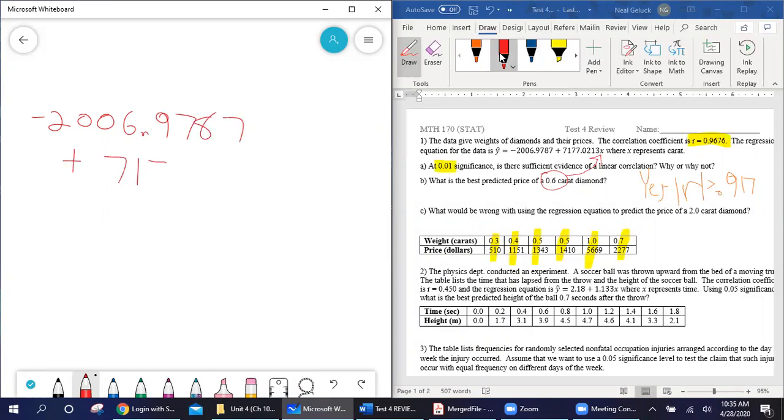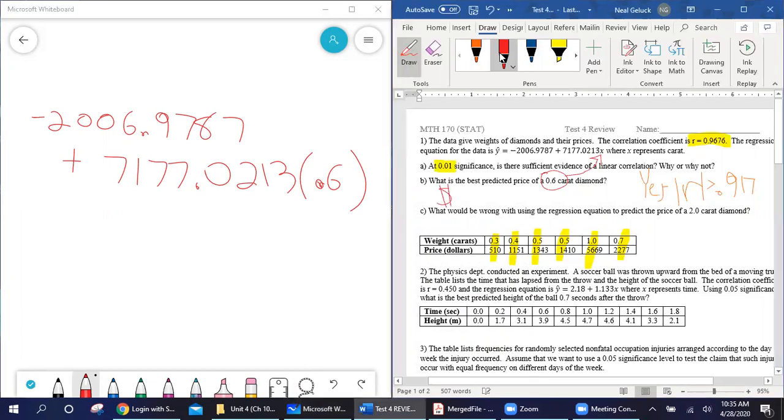So it'd be 7177.0213 times 0.6, and then we're adding on that negative 2006 number. If you run those numbers, you'll end up with about $2,299.23.